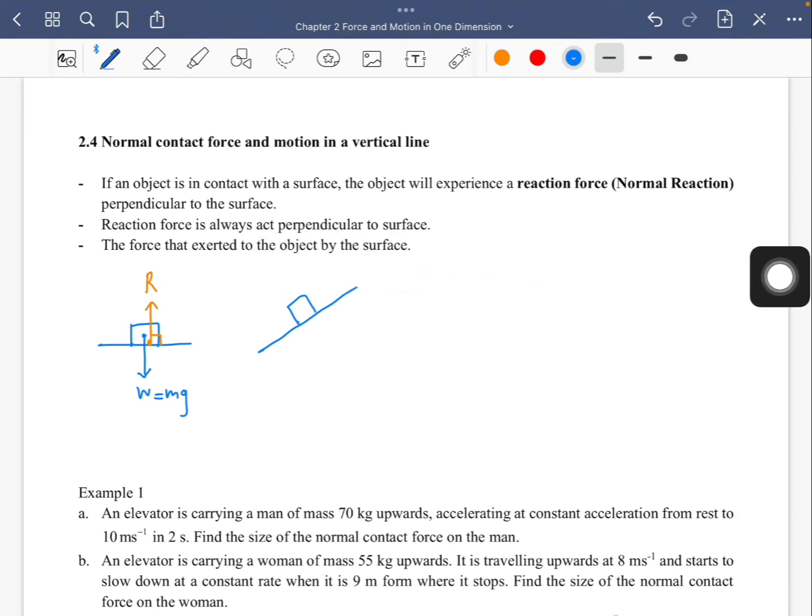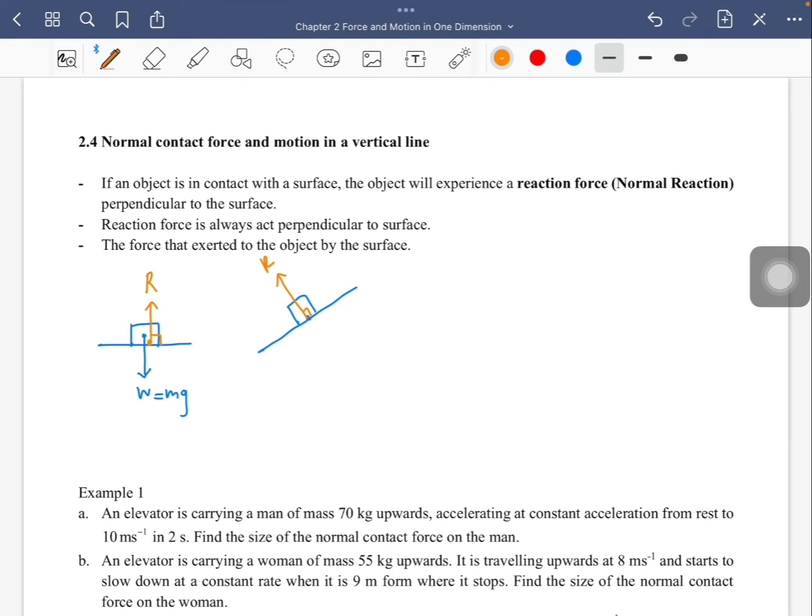For this case, from the slope surface, it is acting perpendicularly from the surface, so it's acting up on the object. So this is normal reaction force, and the direction is perpendicular to the surface, like that.